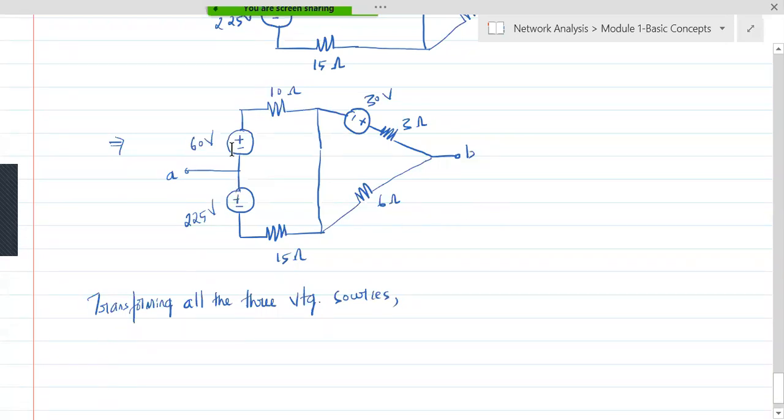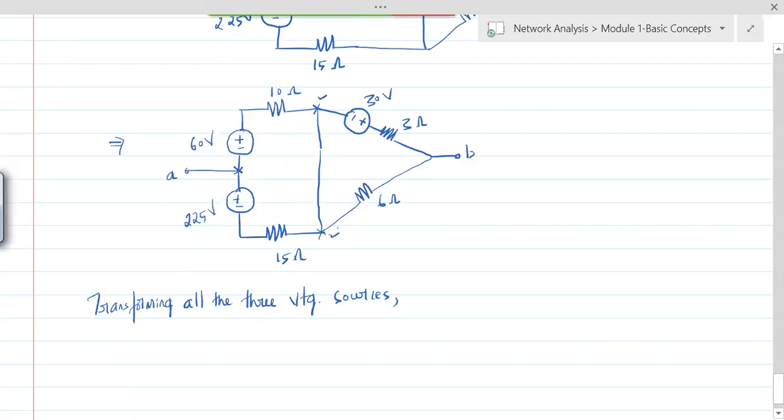Now see here, this voltage source and this resistor are in series between these 2 points. Between the same points, this voltage and this resistor are in series. So that means these 2 points are same, mind you. There is no difference.